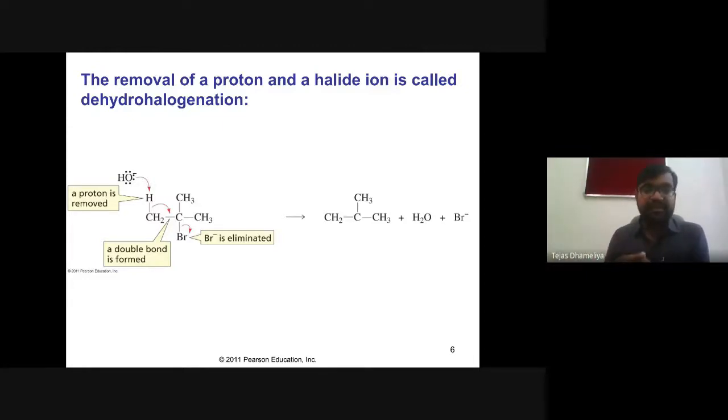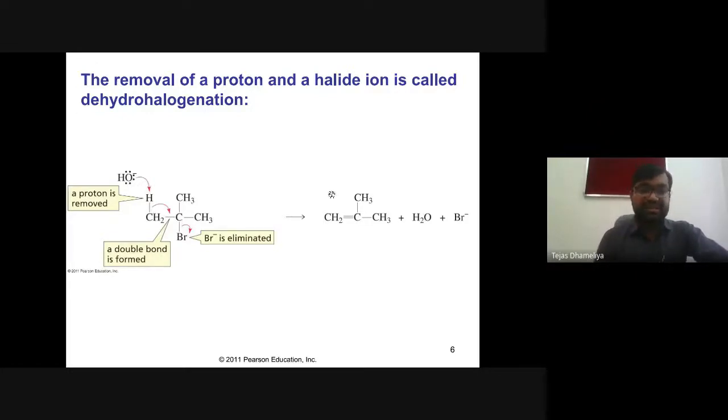So that's why this term is dehydrohalogenation. So these are the major concerns which we can have with this. Once OH minus is removed, then we can have this alkene.